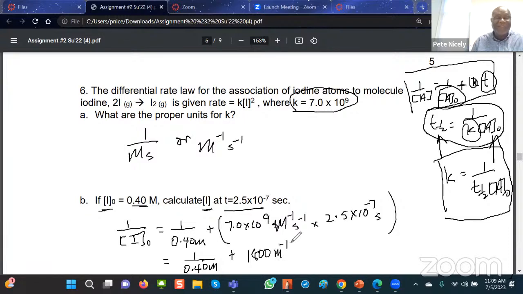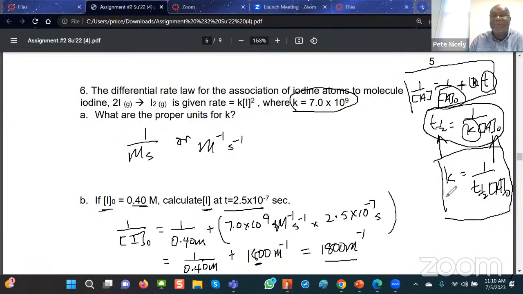And then when I add that to 1 over 0.4, this still works out to be 1800 M to the minus 1, because I have to round off to the highest place sig figs right here. So this becomes 1800 M to the minus 1.